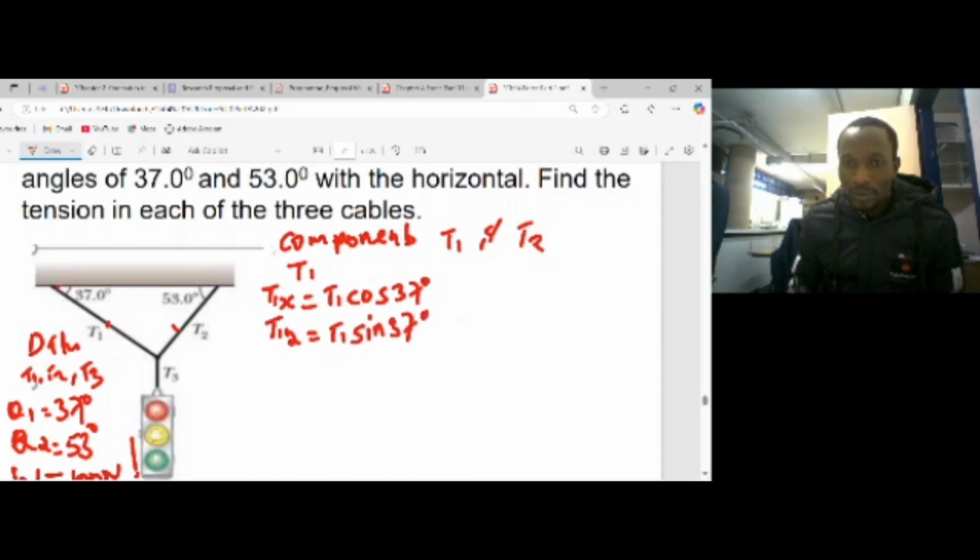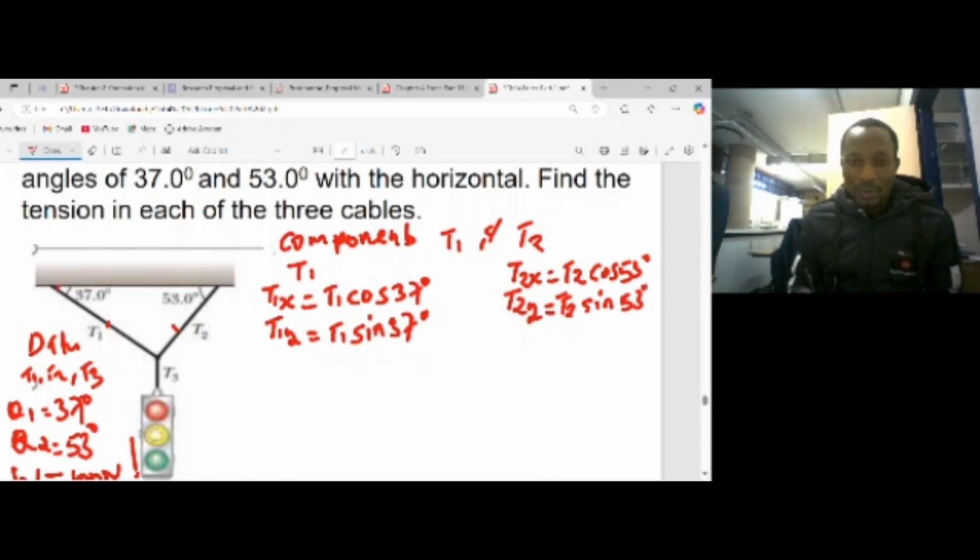While for T2, T2x is going to be the magnitude of T2 cos 53 degrees, and T2 in the y component is going to be the magnitude of T2 sin 53 degrees.